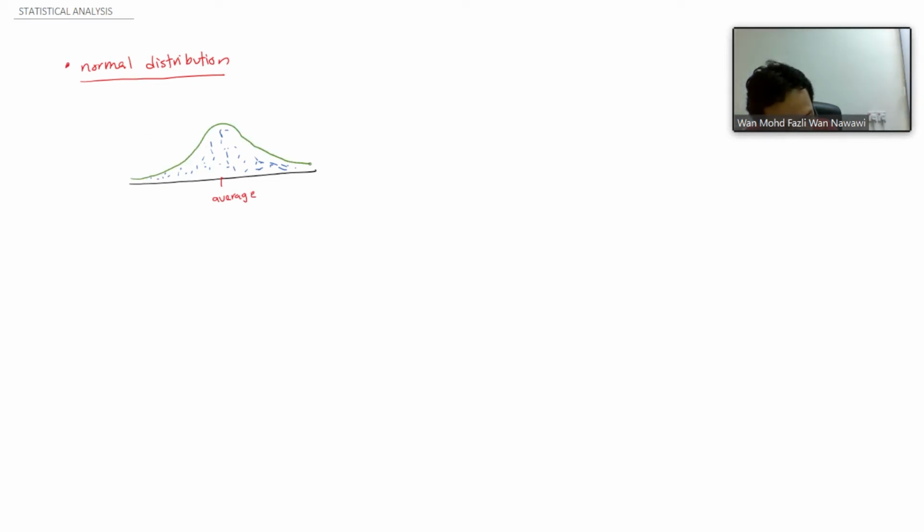This is what we call the normal distribution graph. It's found every time when you try to gather some data from a population in a random way. You must make sure you gather the data randomly first.